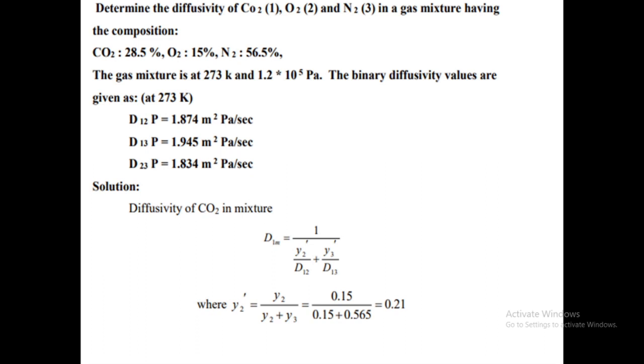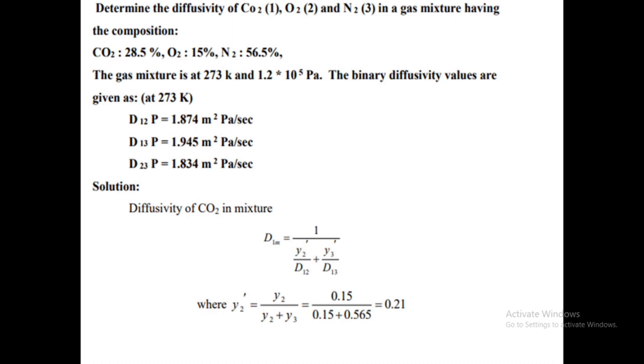This is the diffusivity formula for multi-component diffusion: D1M is equal to 1 divided by Y2 dash divided by D12 plus Y3 dash divided by D13. For the first component, we take Y2 dash and Y3 dash.